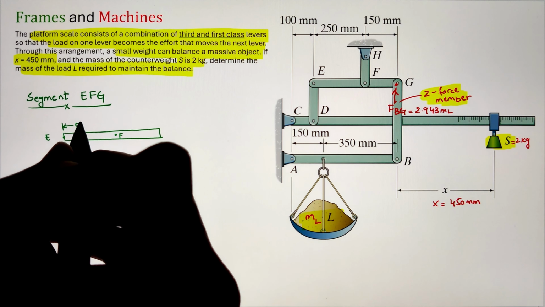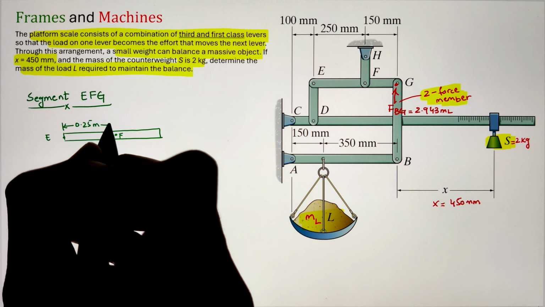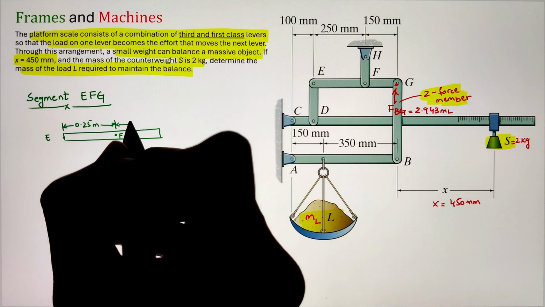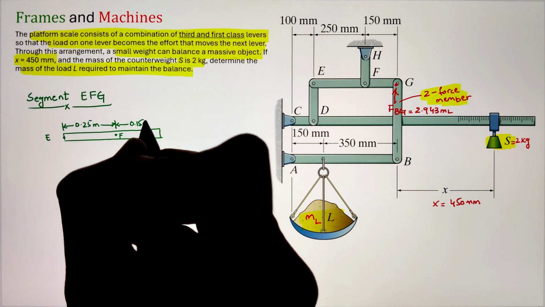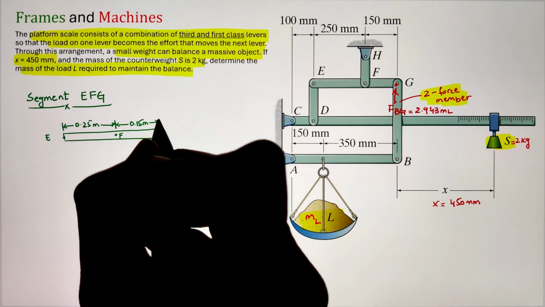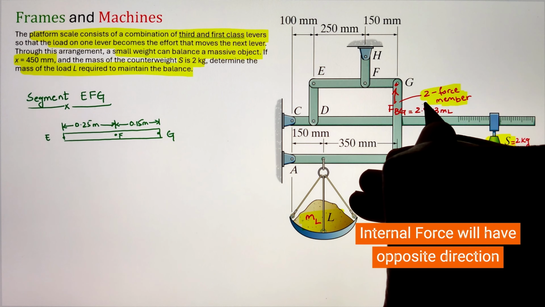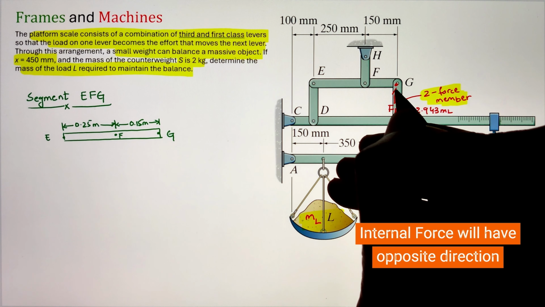So let's develop our free body diagram. For the free body diagram, we have to list down all the forces as well as the key dimensions so that we can utilize them to calculate our moment here. So we have a distance from point E to F as 0.25 meters, whereas the distance from F to G is 0.15.